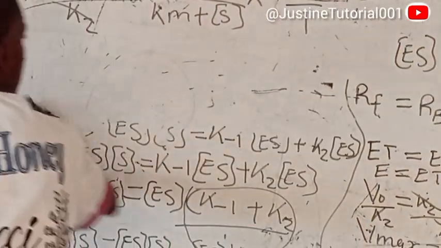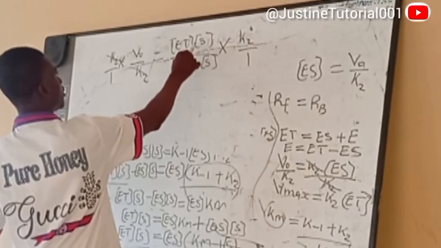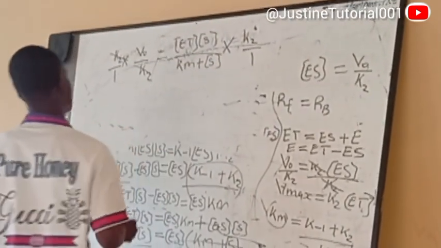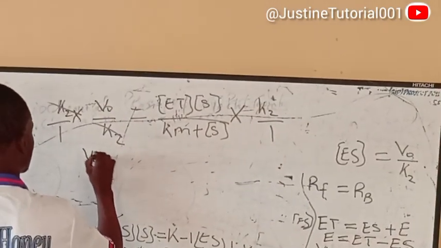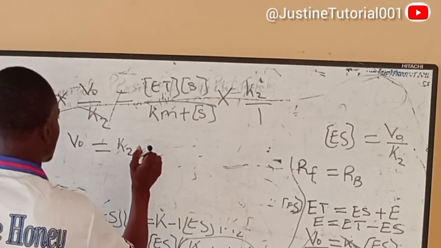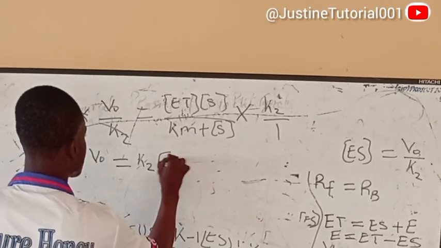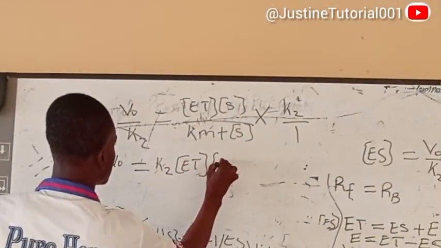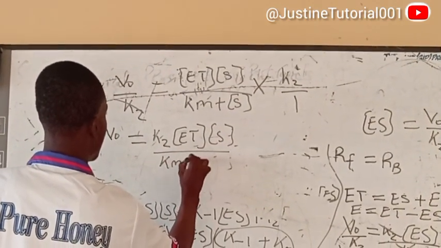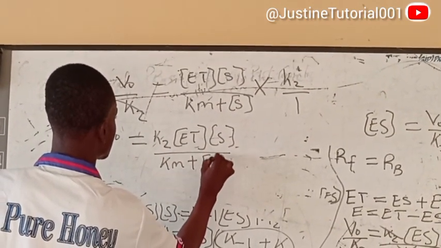Your E total times substrate will multiply by this, and this will multiply by this. So we are getting V naught equals K2 enzyme total substrate all over Km plus substrate.